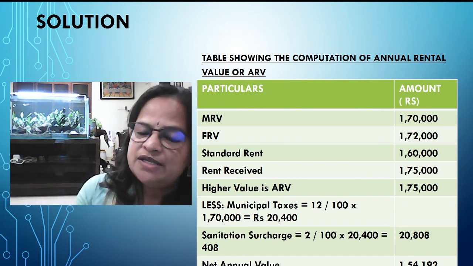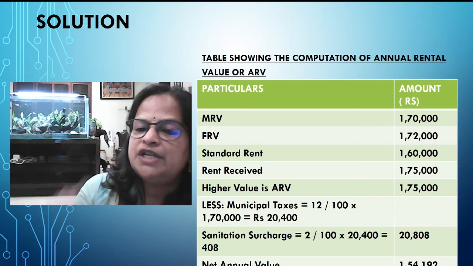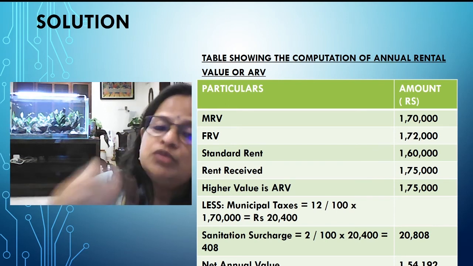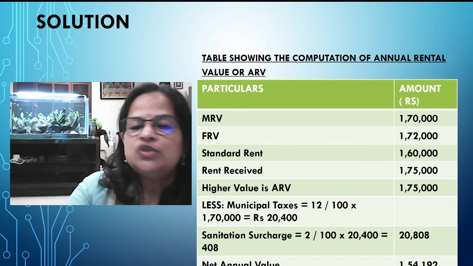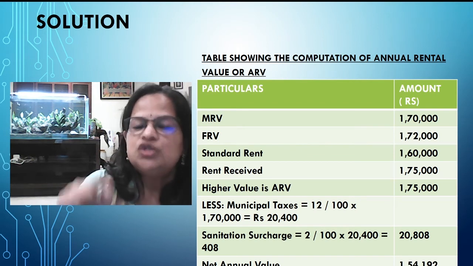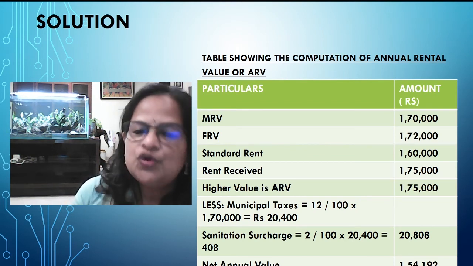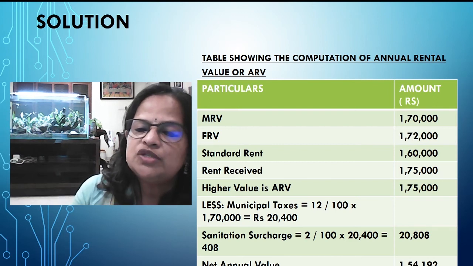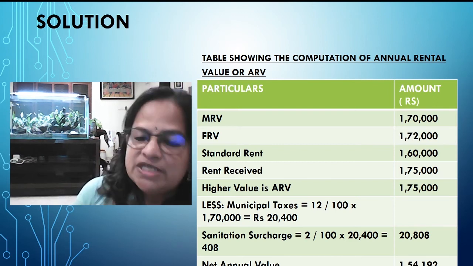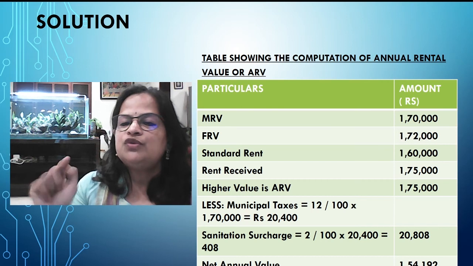So here the sanitation surcharge is 2 by 100 into 20,400 on municipal tax, 2%. So you are getting 408. So 20,400 plus 408, you will get 20,808. So net annual value is 1,54,192.